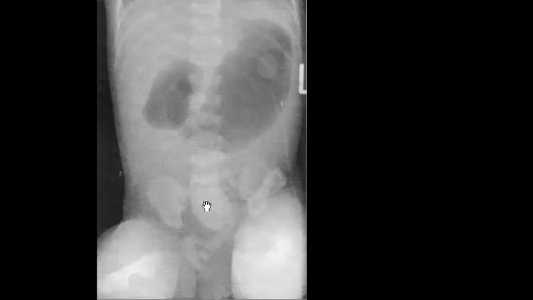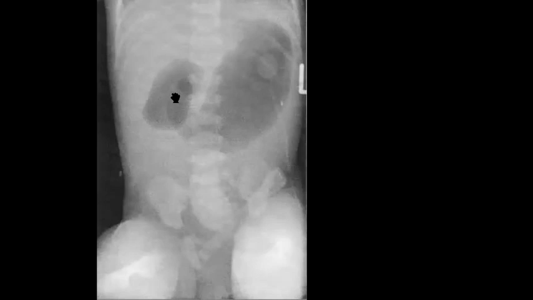Also, you can mention, as Hiba told us now, annular pancreas, which is compression from outside, or something like a duplication cyst that makes compression from outside the lumen of the duodenum. Then you can see the same appearance with proximal dilatation of the stomach and the duodenum.